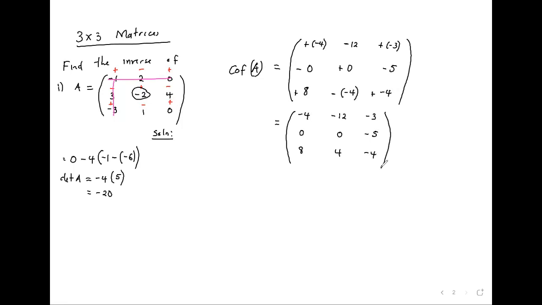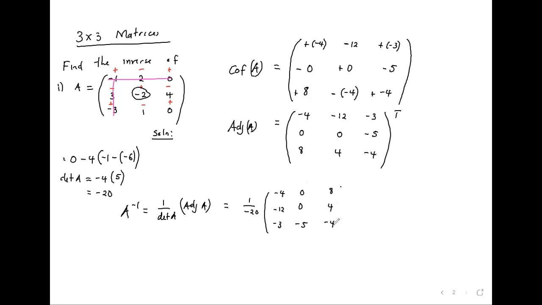Then to get the adjoint, the adjoint of A is the transpose of the cofactor matrix, so that the inverse of A is equal to 1 over determinant A multiplied by adjoint A, which is 1 over -20, times the transpose: -4, -3, 0, 0, -5, and then 8, 4, -4.